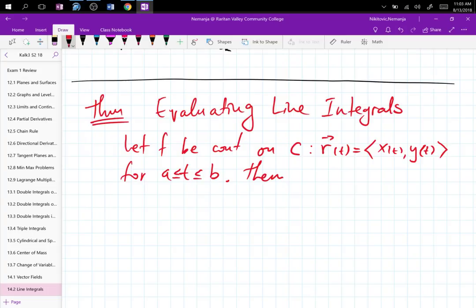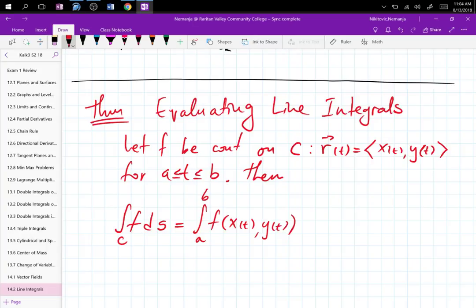Then your integral over C of f ds is going to be given as the integral from a to b of f in terms of the parameter, x of t, y of t, and this is the extra piece now, the absolute value of, the magnitude of the derivative vector, dt.